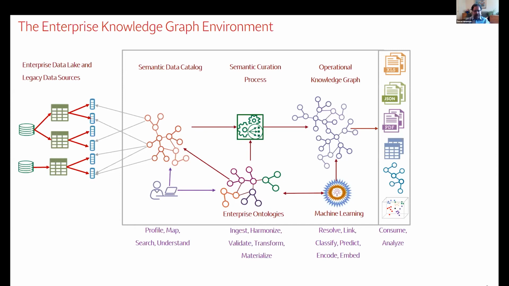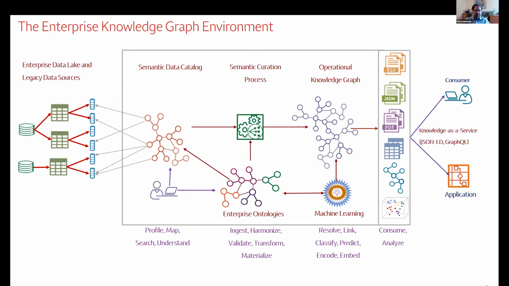And we can create a consumption layer where the operational knowledge graph can, on demand, have content extracted into spreadsheets or in a JSON-LD format or into documents like PDFs, into tables, or into other simpler graph structures, more homogeneous graphs for simpler graph analytics and more refined, simpler use cases, as well as into this graph and embedding space where people can consume it: data scientists, business intelligence, and data analysts.